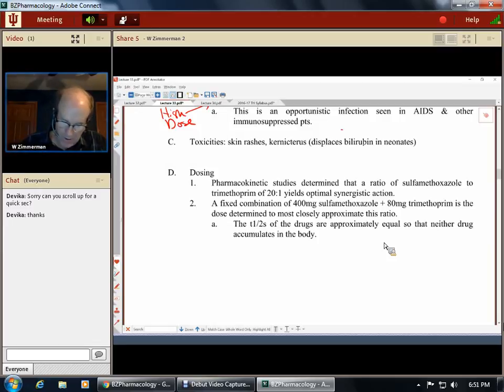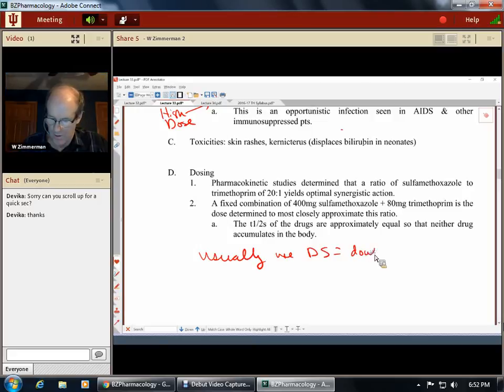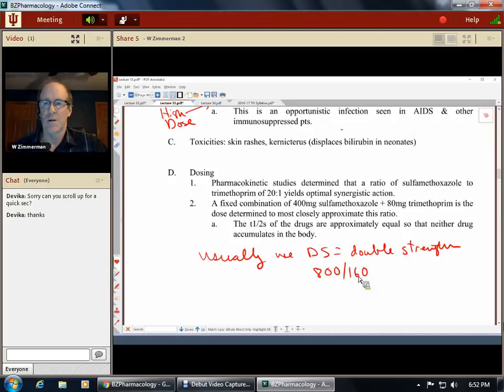But usually, just a side note here, we use the DS, which equals the double strength, for your information only. It's the 800/160. Most commonly these days, that's what you're going to see.